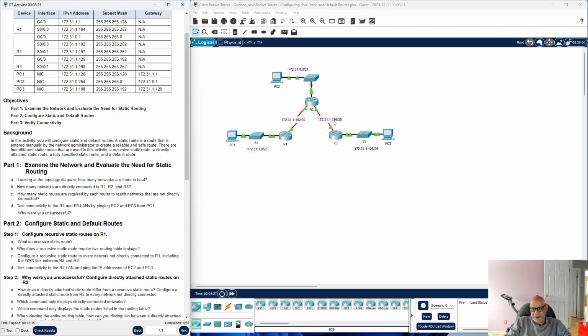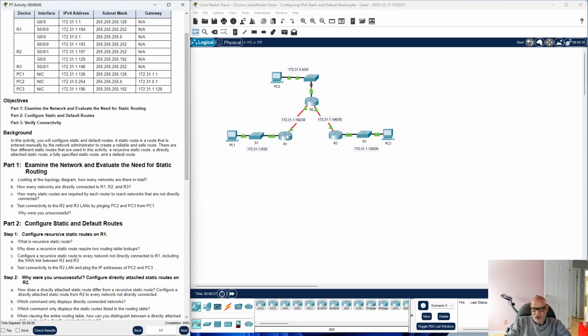And the third network not directly connected to R1 is this one, 31.1.128. So these 3 networks are not directly connected to R1. That means we have to tell R1 how to get to those networks by creating a static route on R1.